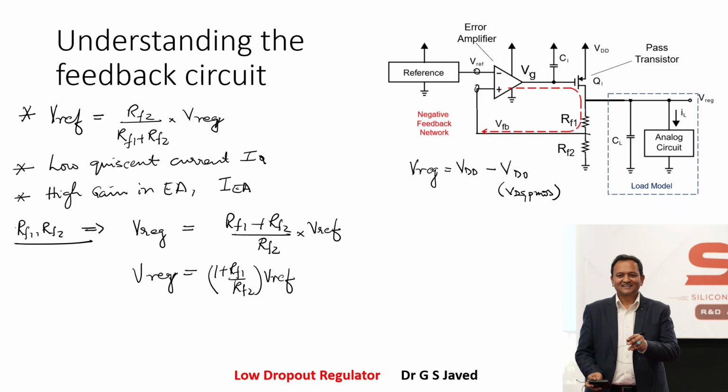Now we know the regulated voltage we need. For example, let us take a numerical. Let VDD here be commonly 1.2 volt and Vreg we want to be 0.9 volt. So now you know these two values.